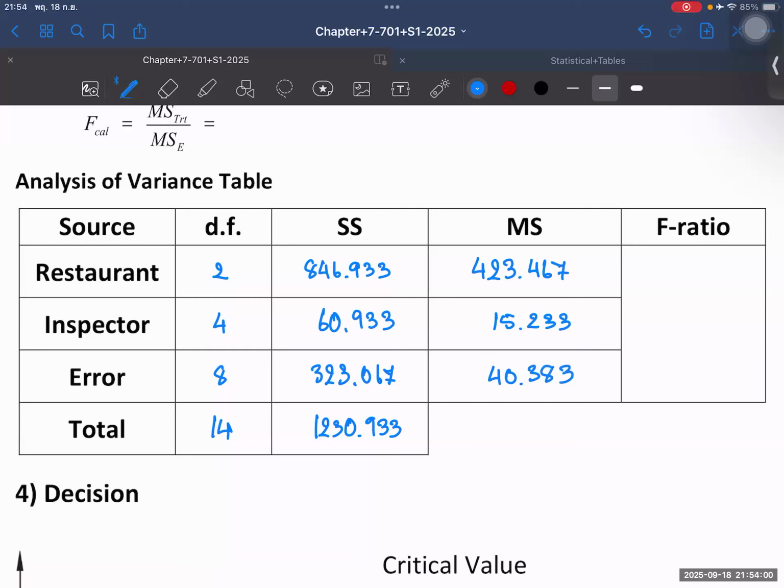Okay. So this is the mean square of the error, which you use for the LSD test. So this is the mean square error.